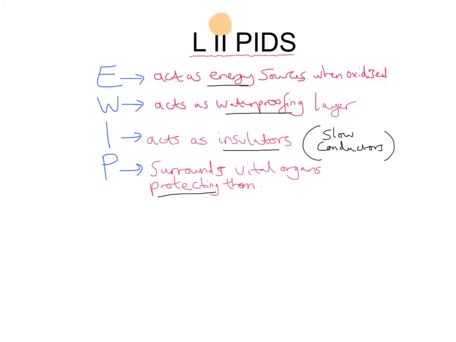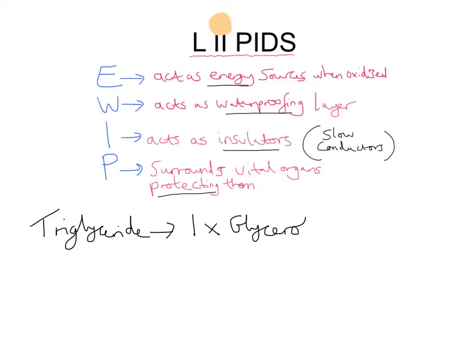Now a triglyceride molecule, a type of lipid, is made up of one lot of what's called glycerol and three what we call fatty acids, and that makes a triglyceride molecule.